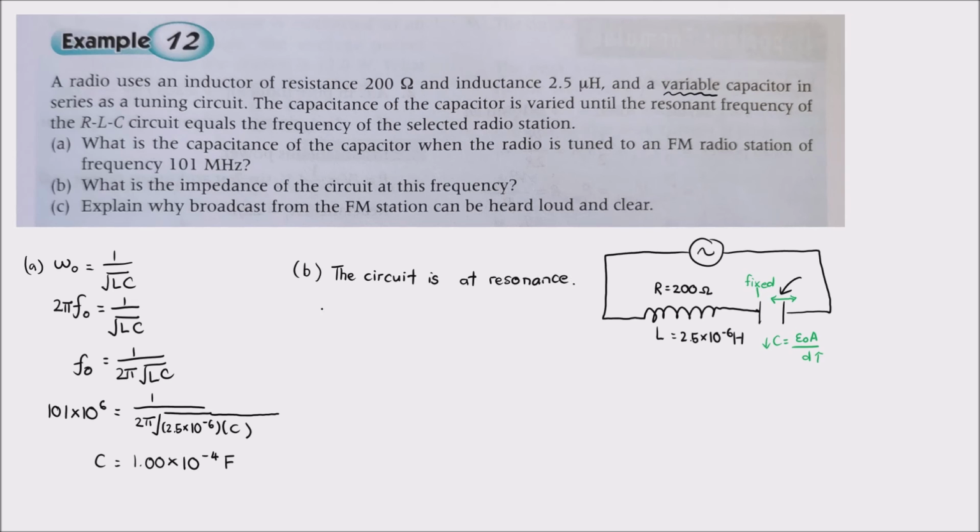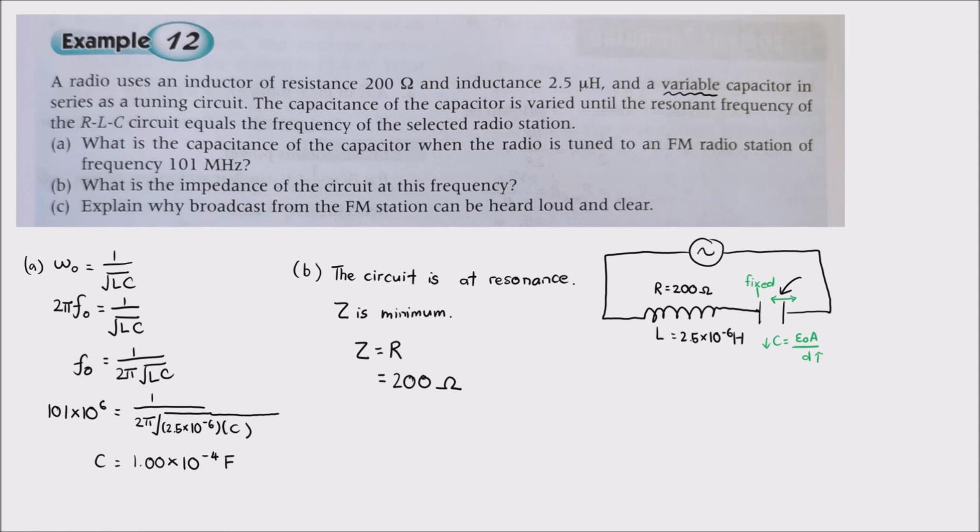The minimum value for impedance is just equal to R, so the impedance should be 200 ohm. The inductive reactance and the capacitive reactance will cancel out because one will be pointing up and one pointing down. So what you are left with for impedance is just the resistance, which is fixed at 200 ohm.